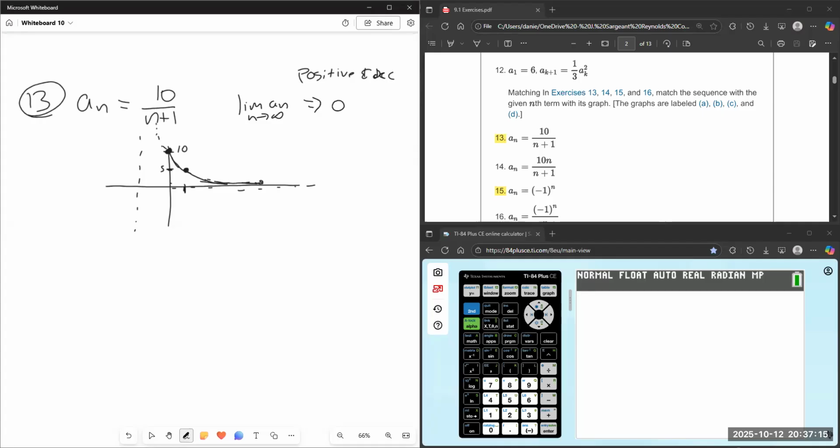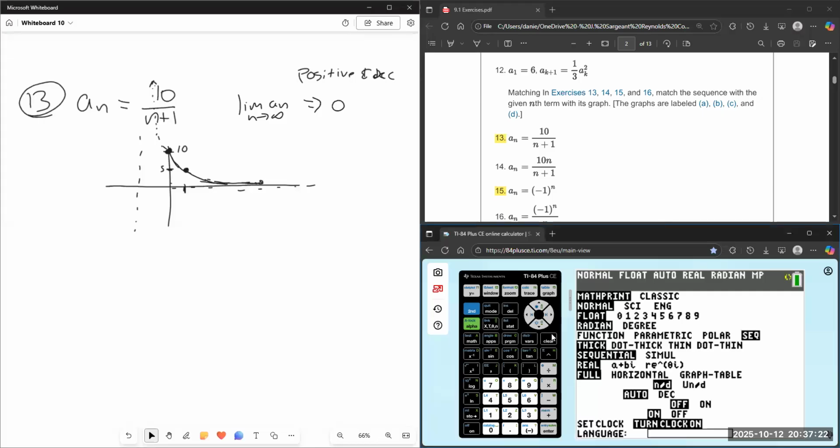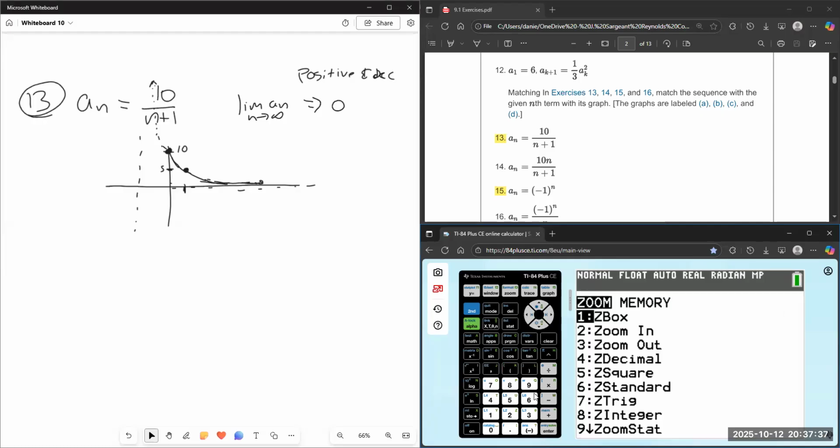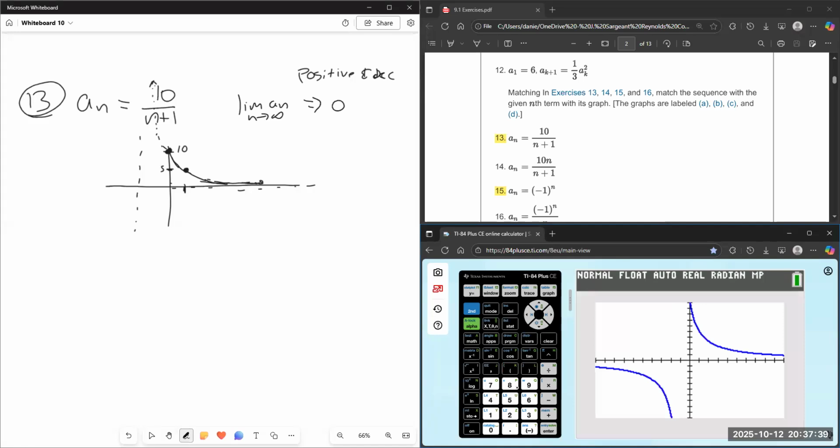But if you wanted to imagine this piece of the rational function here, let's go back to our function mode, and graph 10 over x plus 1, and zoom 6. And I'm drawing this connected, but we really know that it doesn't have all these pieces there.